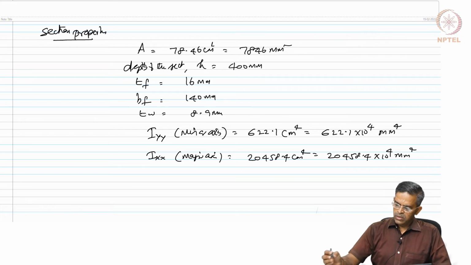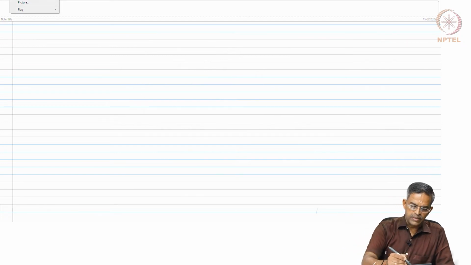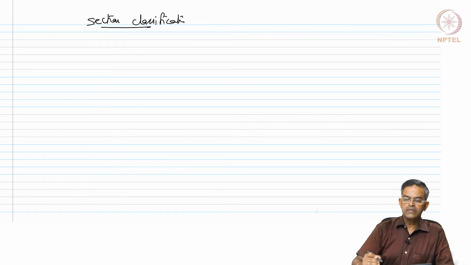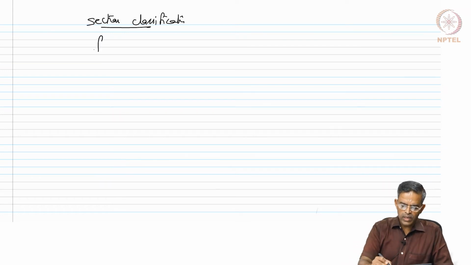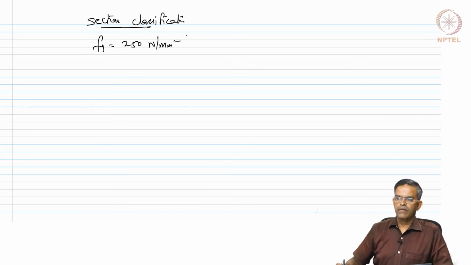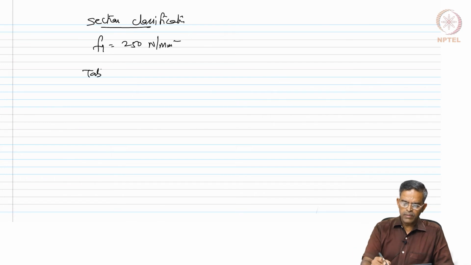Then we will do the section classification. The first step is section properties. We know Fy is 250 Newton per mm square. Let us look into table 2 of IS 800 2007.